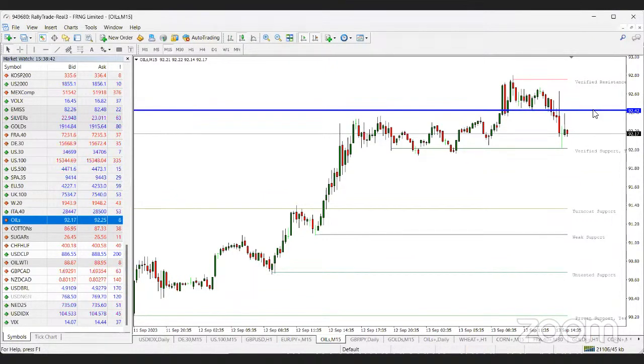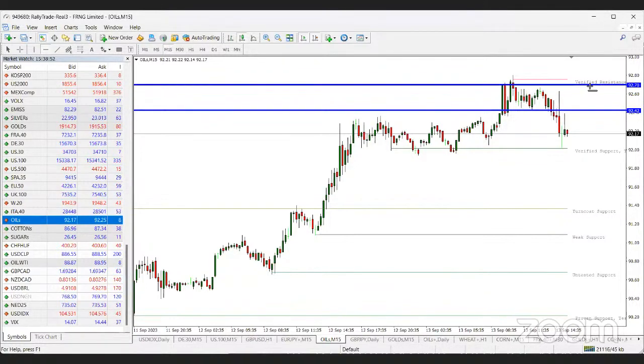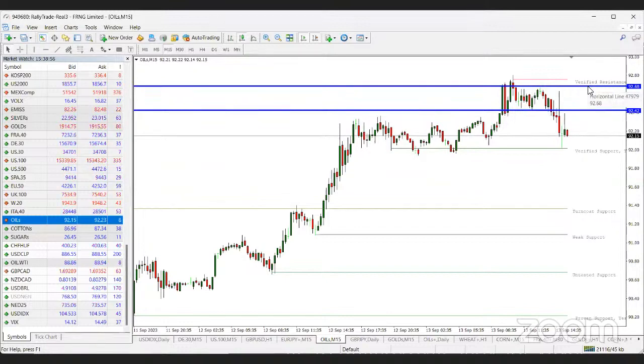But you can also set a buy stop at around 92.40 zone, and then set your take profit at around 92.60 zone. So you can wait for it to get towards 91.99, 91.98 and take your buy, or you can set a buy stop at 92.40, take profit at 92.60 for oil. You understand?